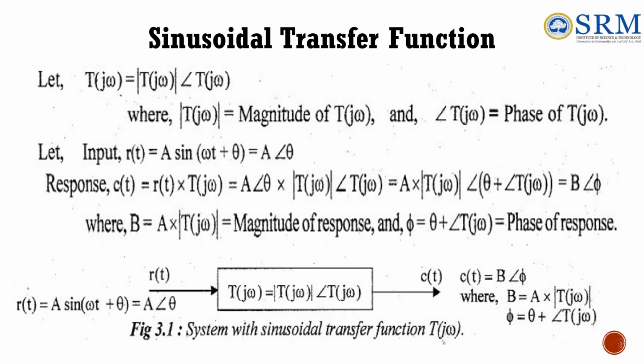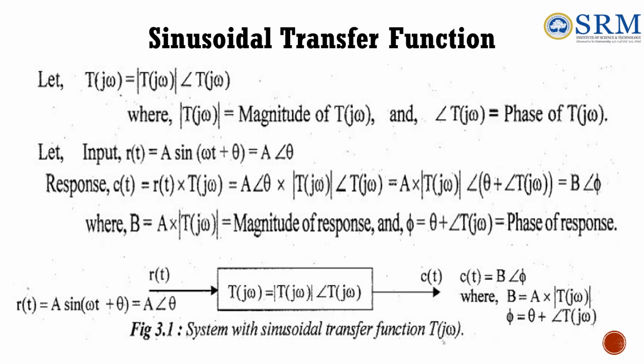Let's take R of t equal to A sin(omega t plus theta), which is represented by A angle theta. Now let's calculate the response C of t, which is equal to R of t into T of j omega. So here R of t is A angle theta and T of j omega is magnitude T of j omega angle T of j omega, which is equal to A into magnitude of T of j omega angle theta plus angle T of j omega, which can be represented as B angle phi.